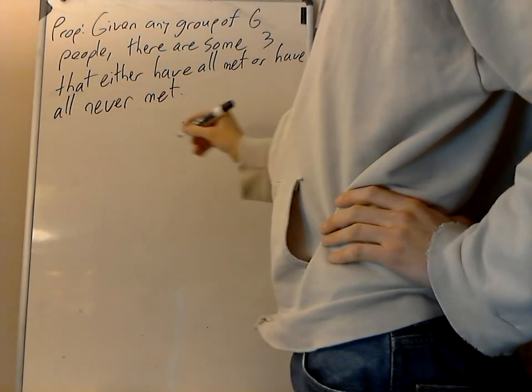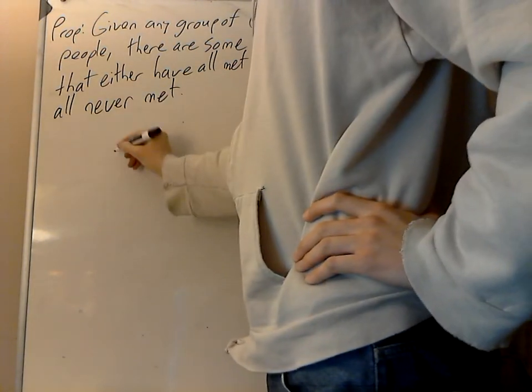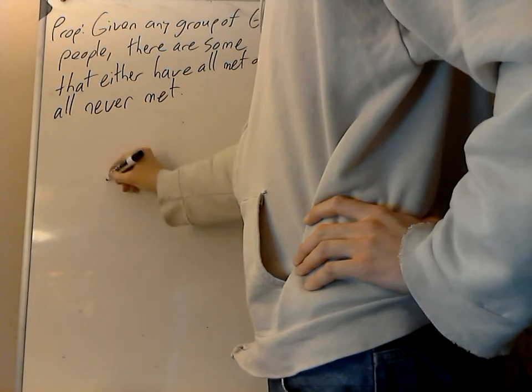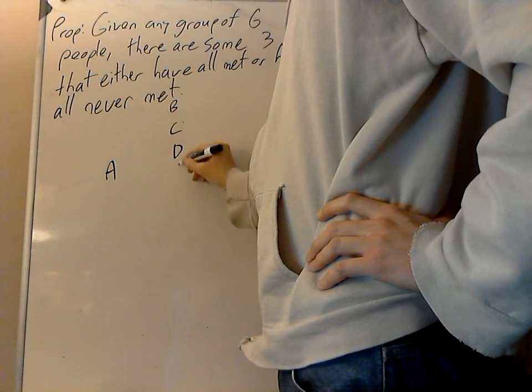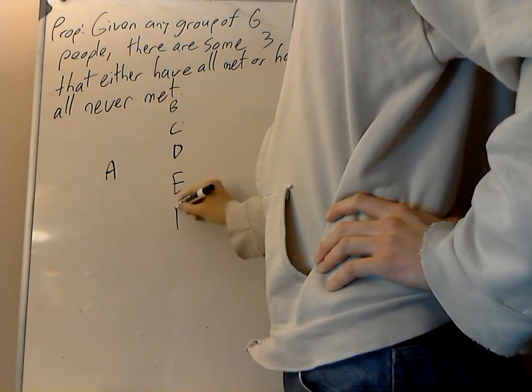So here's how the solution works. Let's say that we have Alice, Bob, Charlie, Donna, Eve, and Fred.